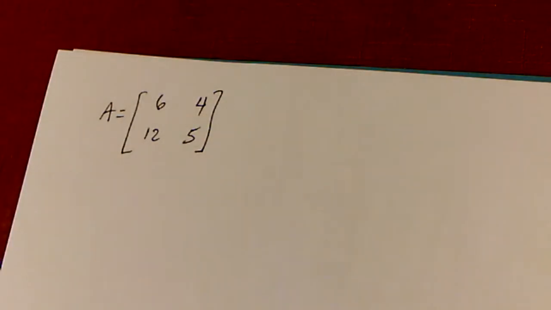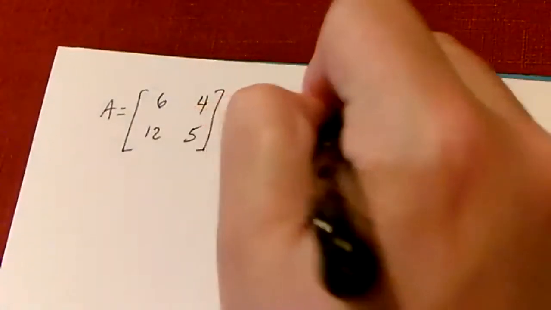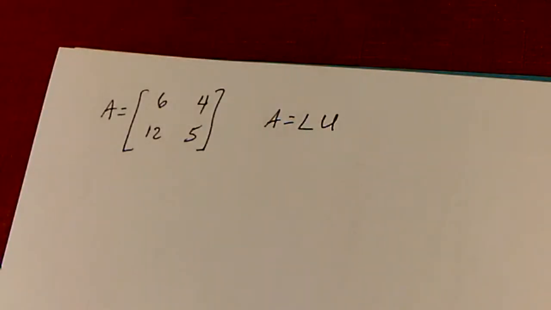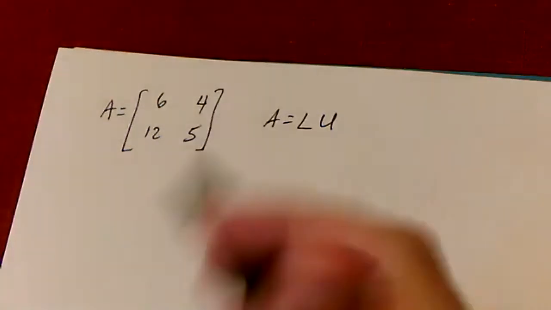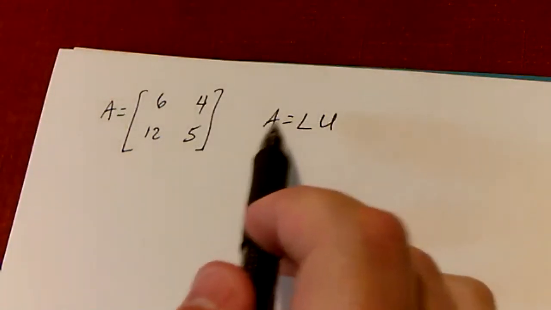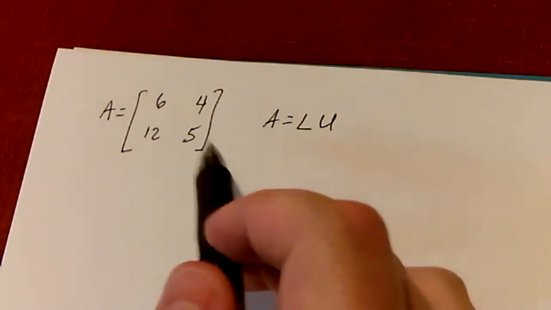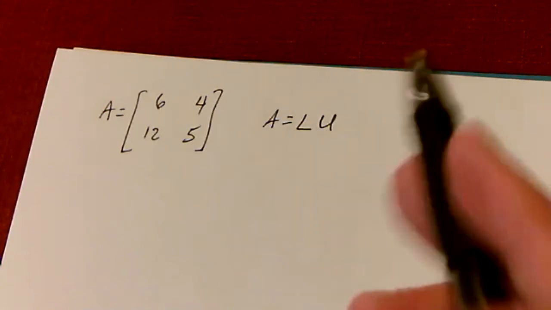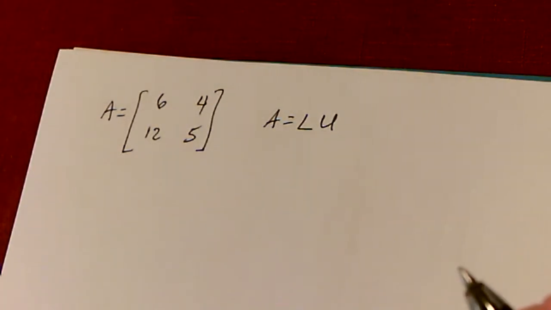When you're doing LU factorization, trying to find the L and U, you do not want to scale your rows, because if you scale your rows, you're losing some information, and you're going to wind up having to multiply that scale factor back in to get the appropriate vectors for the columns. So I'm going to take my matrix A and row reduce it.